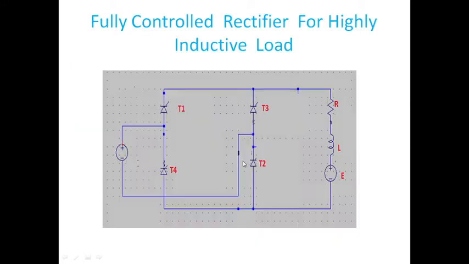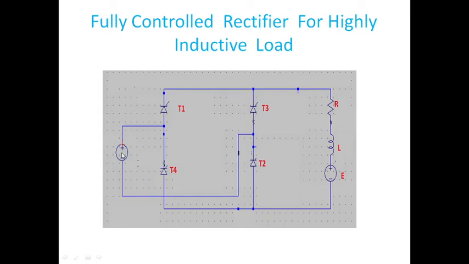Okay, next. When I use such a DC motor as a load, how does my rectifier behave? This is today's topic. As in the last class, we have seen that for the SCRs, remember, 4 gate pulses are required to fire these 4 SCRs.